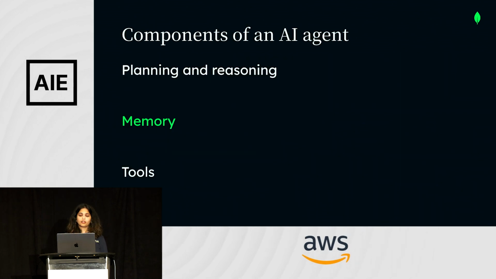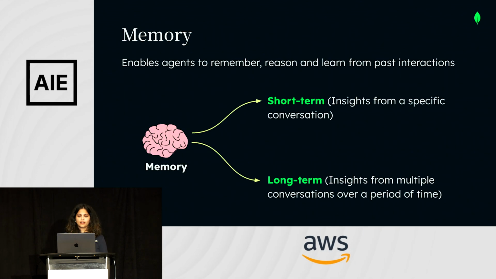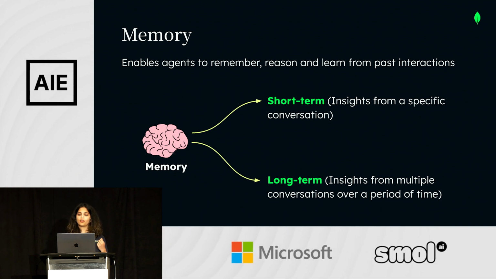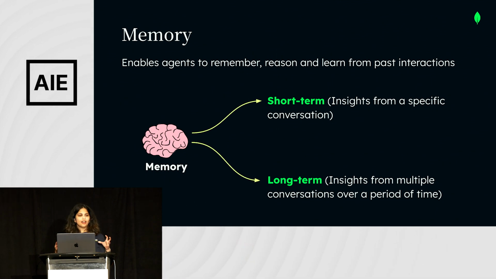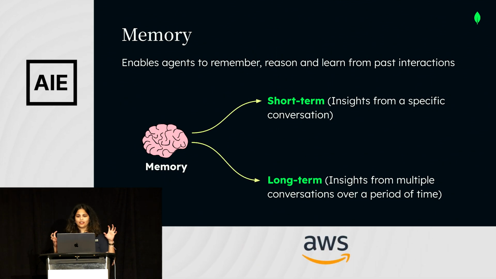The next component we want to talk about is memory. This component allows AI agents to store and recall past conversations and enables them to learn from these interactions. As you can imagine, memory is a pretty complex and nebulous concept, and you could break it down into several categories. But broadly, when I think of memory, it's two main types, much like us humans: short-term and long-term memory.